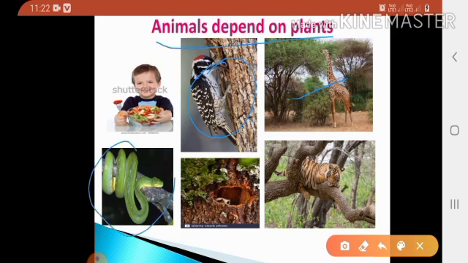Snakes live in holes made in tree trunks. Herbivorous animals feed on the tender roots and leaves of the plant. So, this is called interdependence of plants and animals.